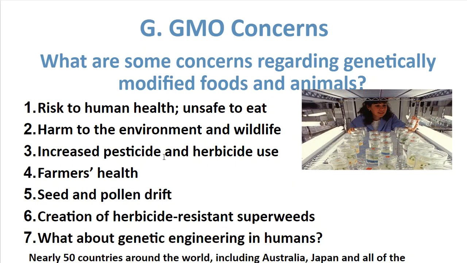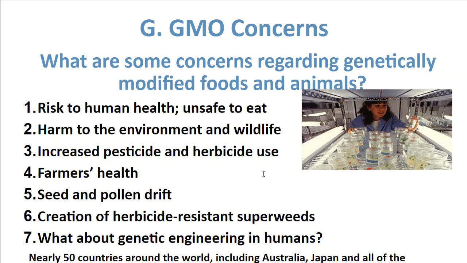Increased pesticide and herbicide use, because we have plants that are resistant. Insects that eat them also become resistant, so we have to actually develop new chemicals to fight those new insects. The farmer's health. If they're around these plants and animals all the time, if they're using the pesticides or whatever, we don't know what's going to happen to their health.